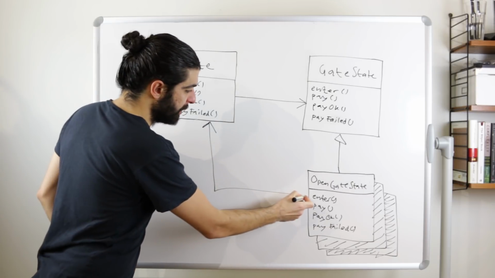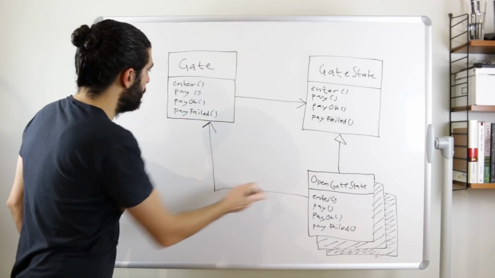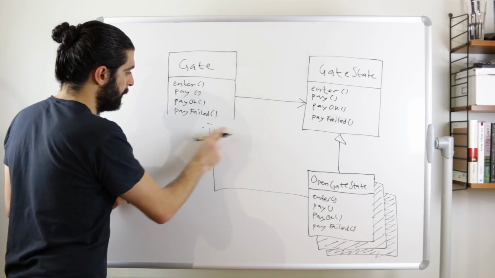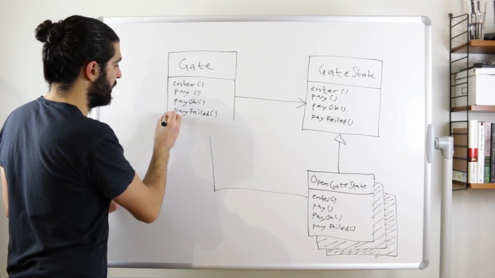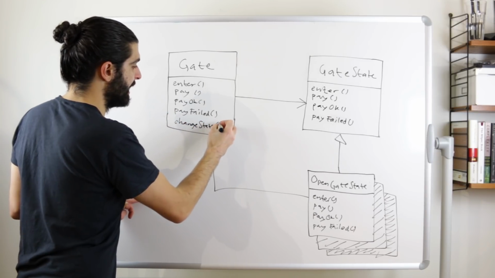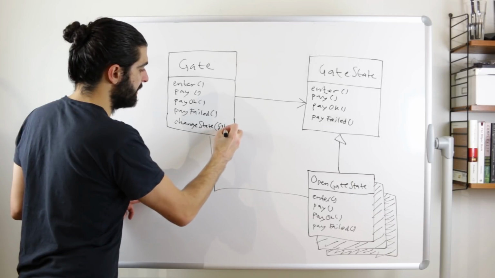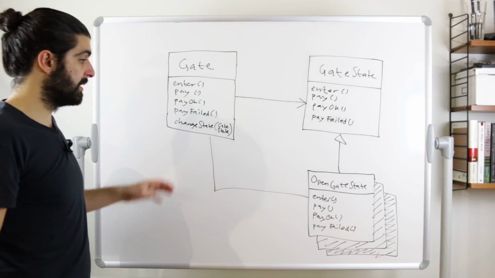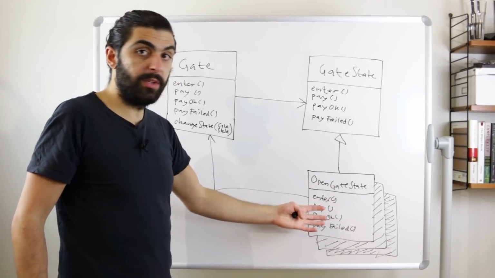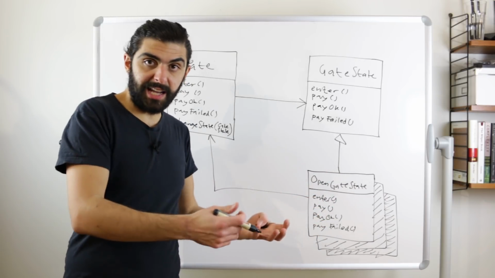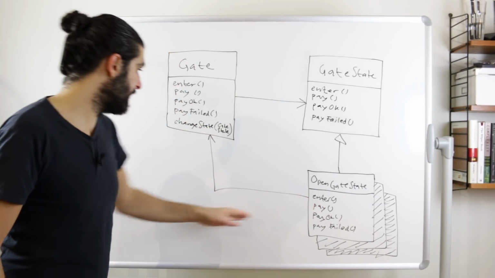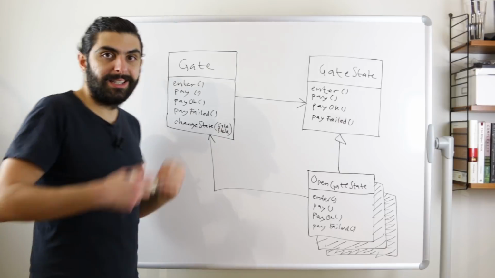So instead we will say that the gate states have a reference to the gate, and we will add, should have done this first, a method to the gate which is called change state, and it takes a gate state as a parameter, so if we're running out of space. So any of the gate states, whenever a method of them is called, they may, if they want to, but can choose not to, change the state of the gate by calling change state and passing a new state.